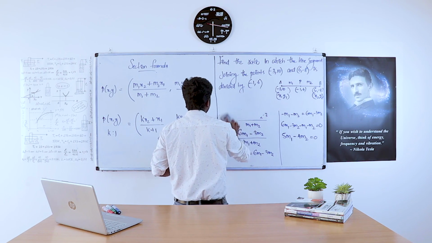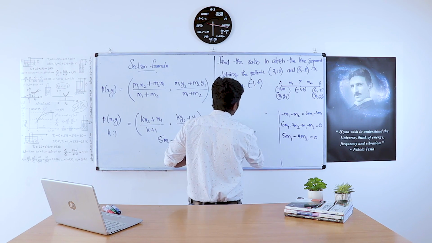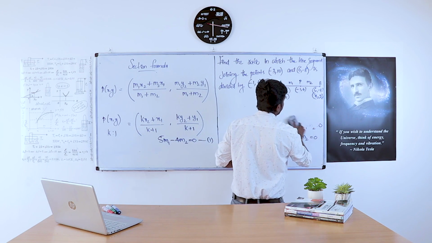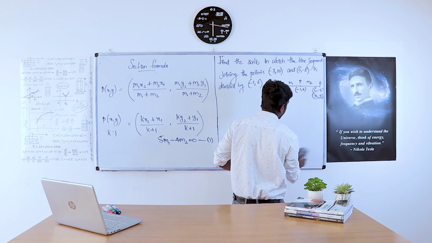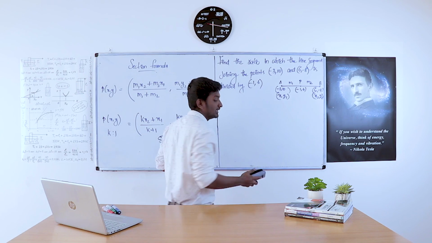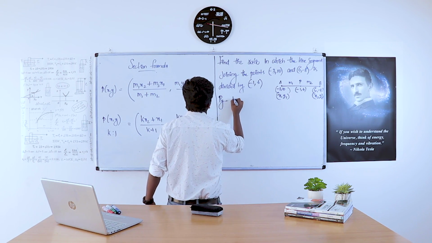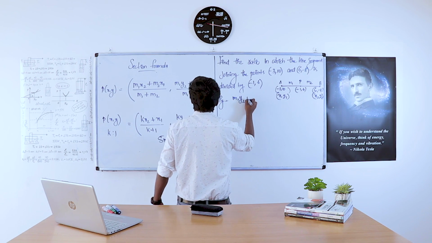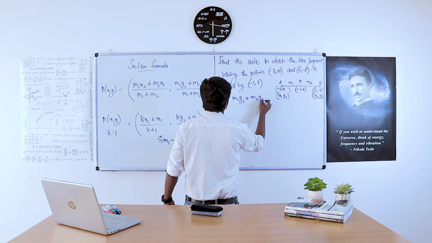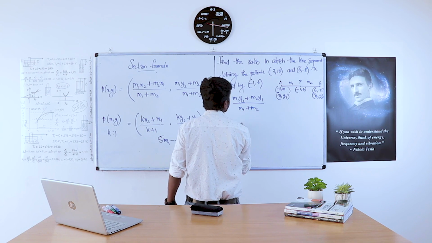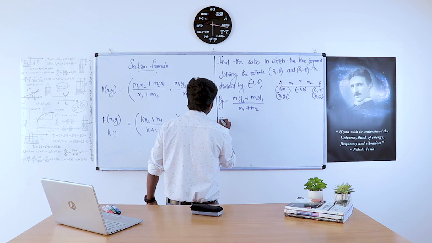Now in the same way, equate the y coordinate of the dividing point. We know that the y coordinate of the dividing point, Py, is equal to (m1 y2 + m2 y1) divided by (m1 + m2). The y coordinate of the dividing point is 6.